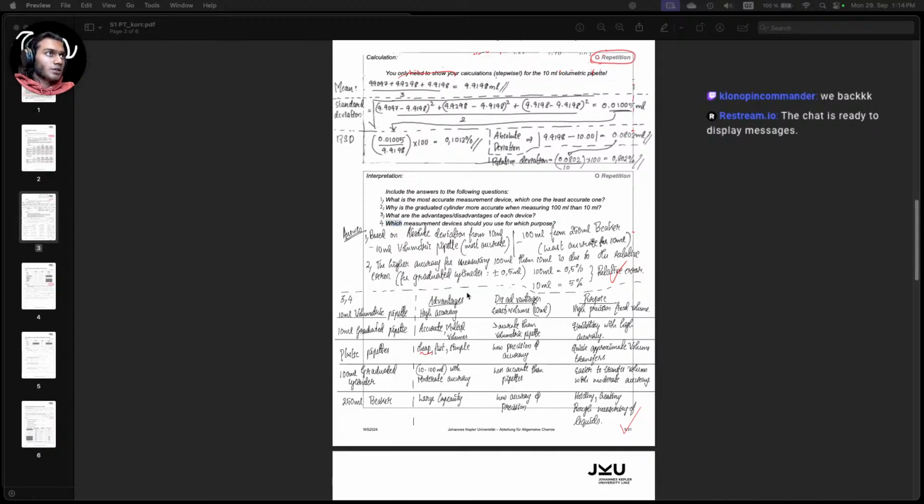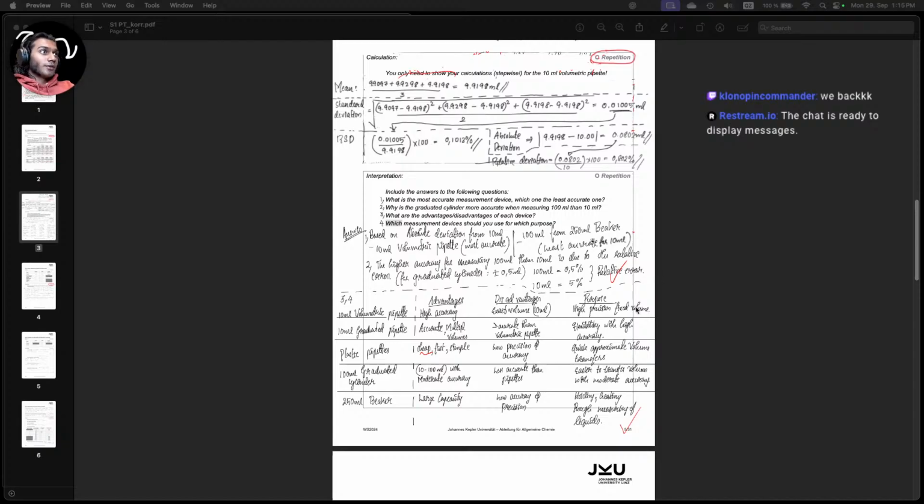For a graduated cylinder, it's plus or minus 0.5 milliliters as error. For 100 milliliters, it could be 0.5 percent, but for 10 milliliters, it could be 5 percent. So the lower the value, the higher the chance to have errors. The higher the value, the lower the chance to have errors.